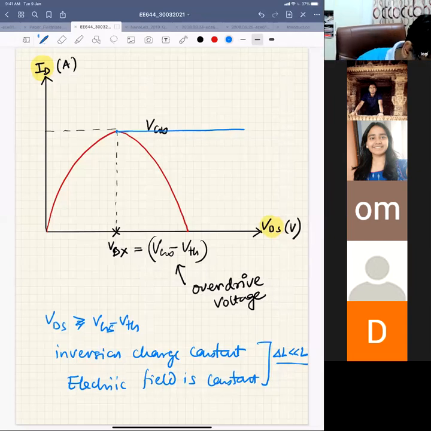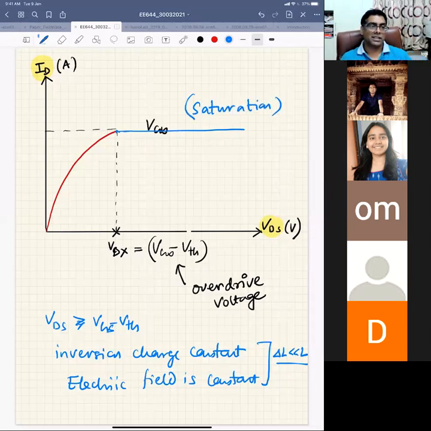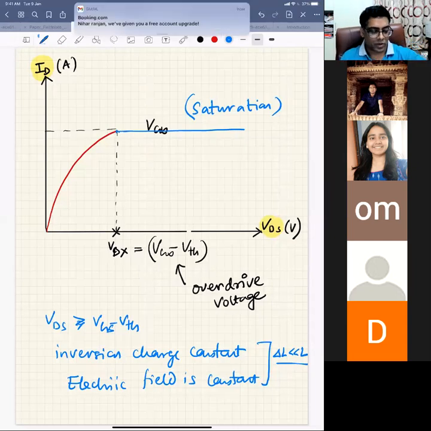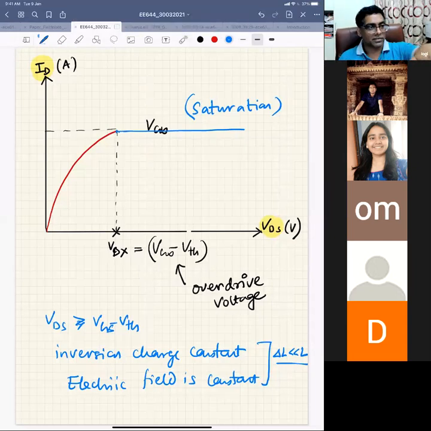And this portion, your current equation should change, because this part we call saturation because your current saturates. This is unlike the bipolar junction transistor. In a bipolar junction transistor, when the current saturates, we call it forward active mode, and the other part is saturation.